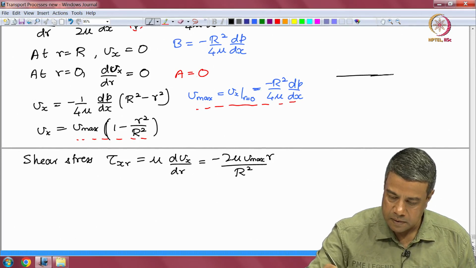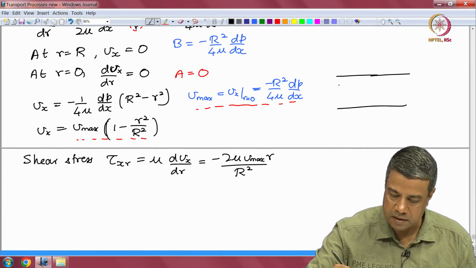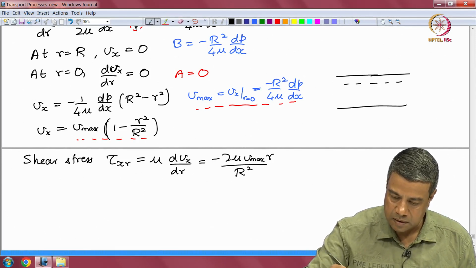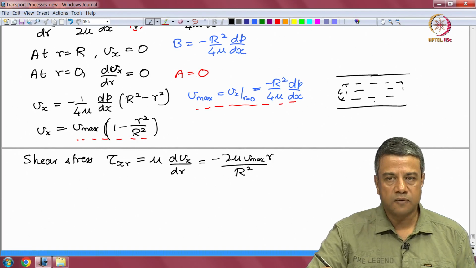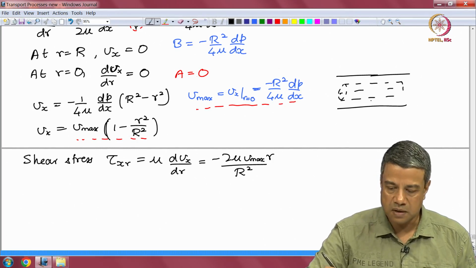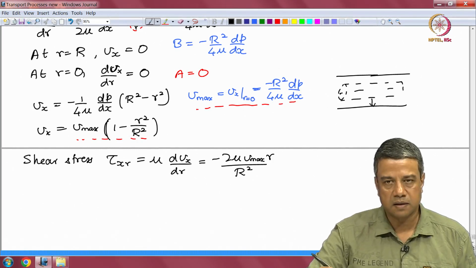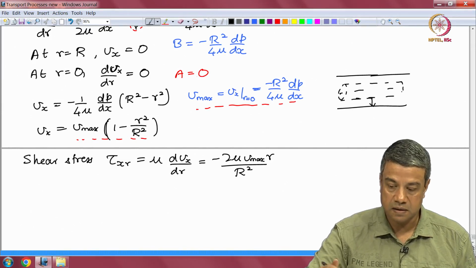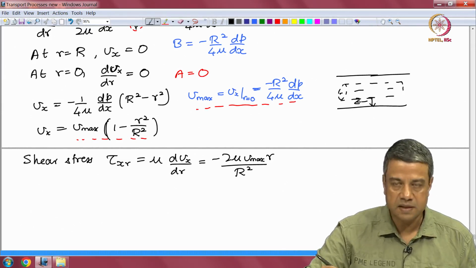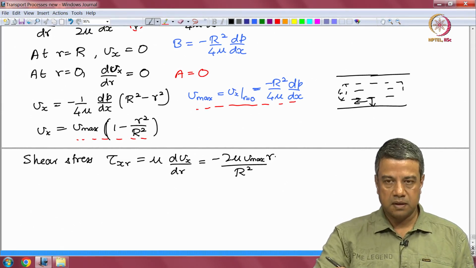So, for a pipe, if I have a cylindrical surface somewhere in between, this is the force that is exerted at a surface whose outward unit normal is in the r direction. So, this is the force that is exerted on the cylindrical surface, on the fluid that is within the cylinder. That force is in the minus x direction.